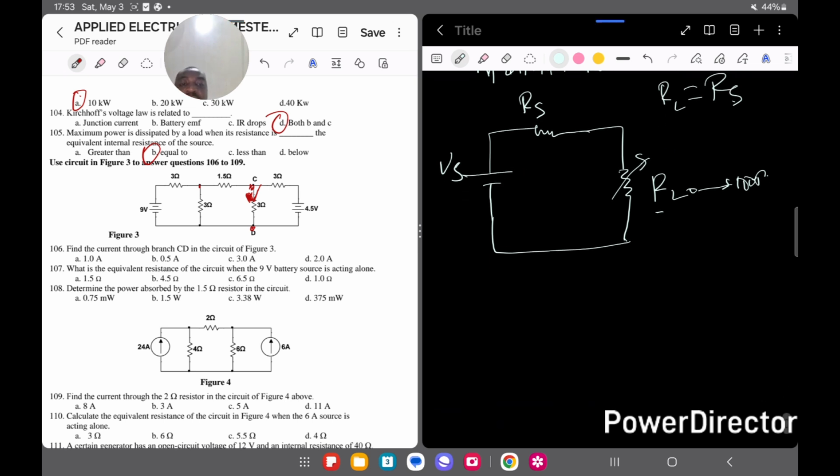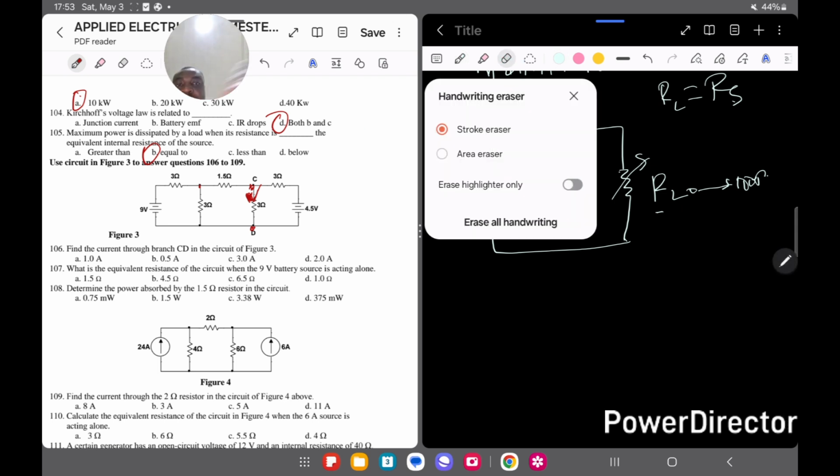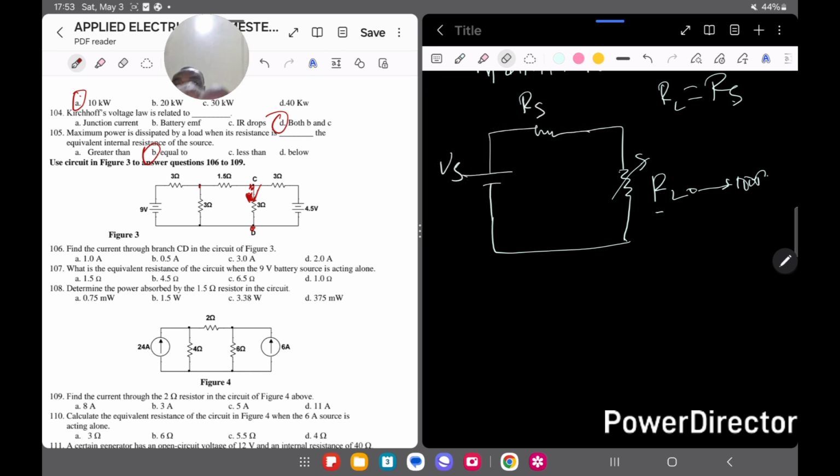It will give you more explanation on superposition. We already used it earlier to solve some questions. In using the superposition theorem, we take each source acting alone. We have two voltage sources, 9 volts and 4.5 volts. Let's start with the 9 volts acting alone.